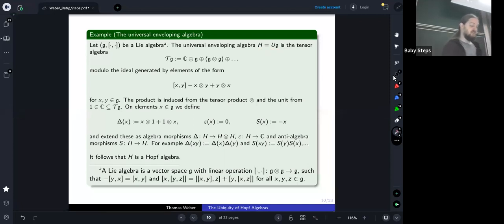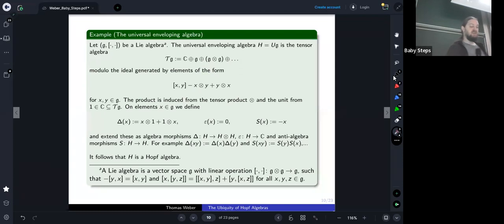You first take the tensor algebra that I hope you have seen in your linear algebra course. If not, it's just a direct sum of all tensor powers of G, and you multiply via the tensor product. You just build higher and higher tensors. And you get the universal enveloping algebra by modding out the ideal generated by those elements here.